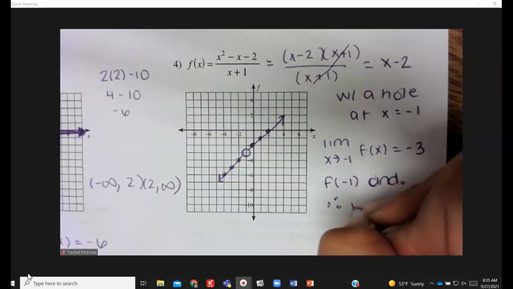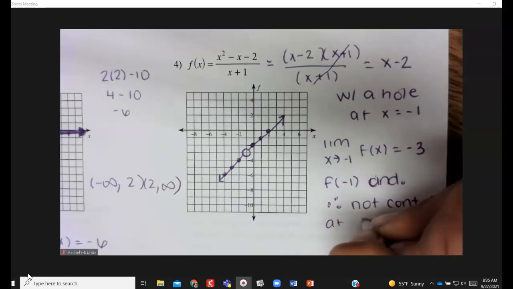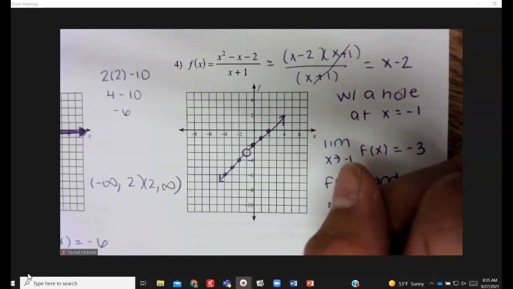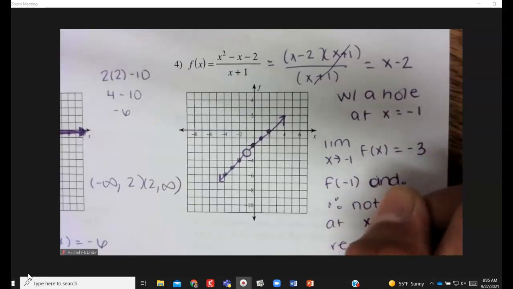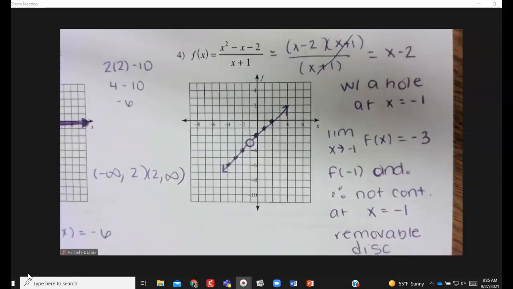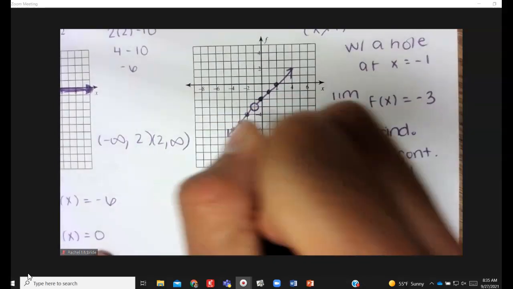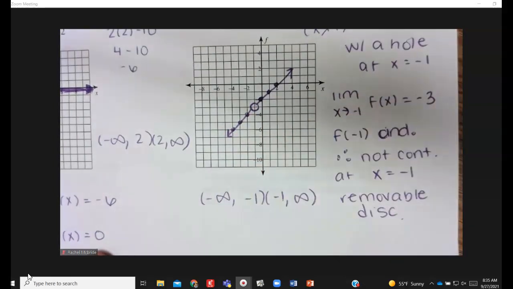Therefore, not continuous at x equals negative 1. And we have a hole, which is a removable discontinuity. And my continuous intervals would be negative infinity to negative 1, and negative 1 to infinity.